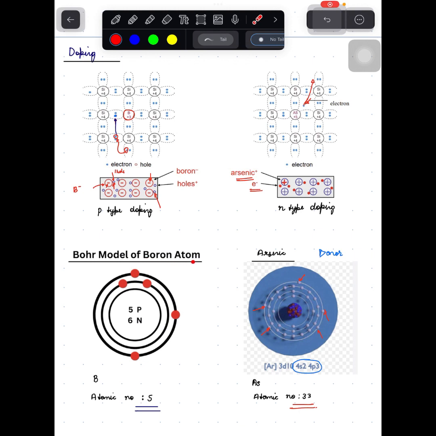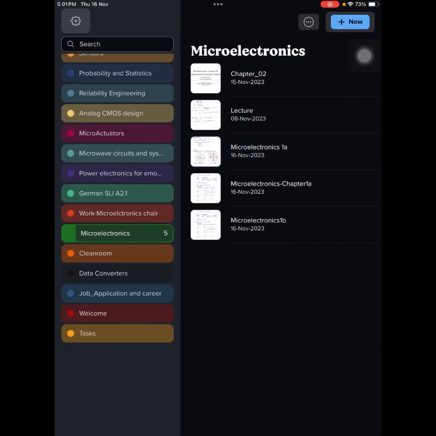And boron is called an acceptor atom because its atomic number is 5. In the first shell there are 2 electrons, and in the second shell there are 3 electrons. Let's see why they are called acceptor and donor atoms.